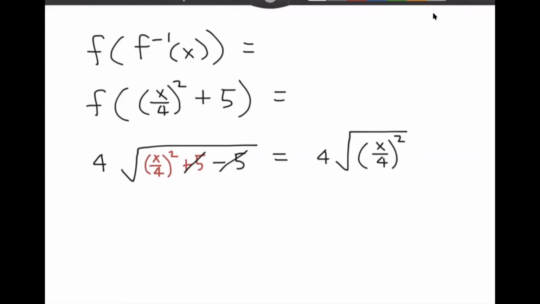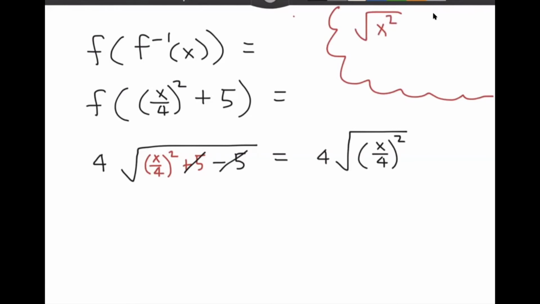Now, this part's very exciting. This is where our domain restriction comes in handy. All right. Here's something that was hopefully drilled into your head in Calc 1. Okay, just a little aside. I'm going to put it up in this top corner. What is the square root of x squared?